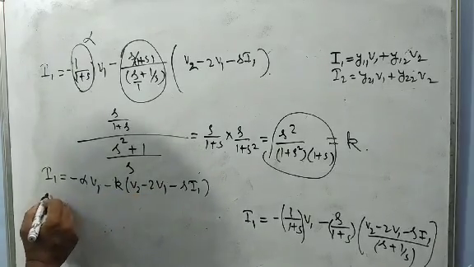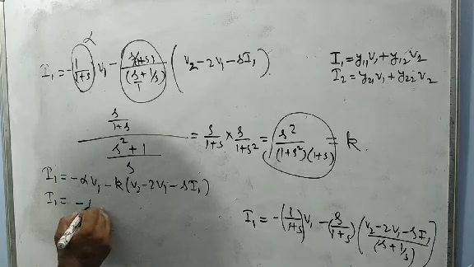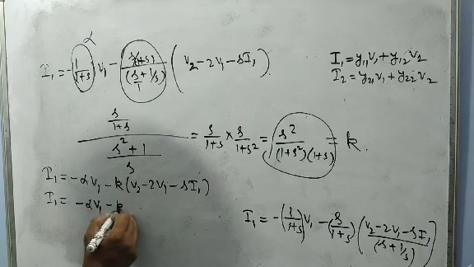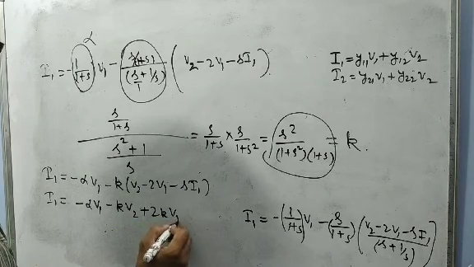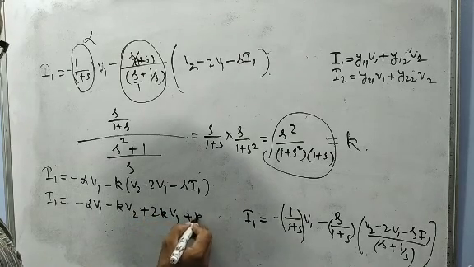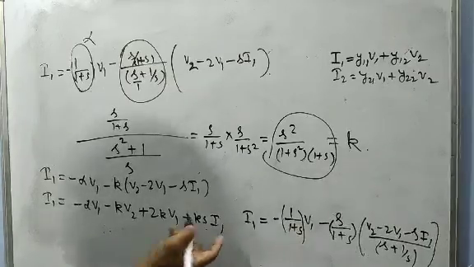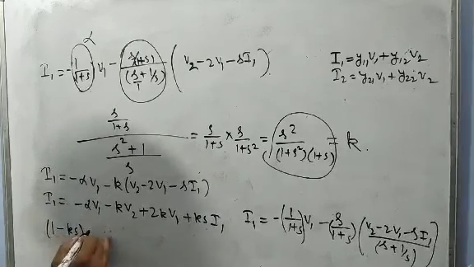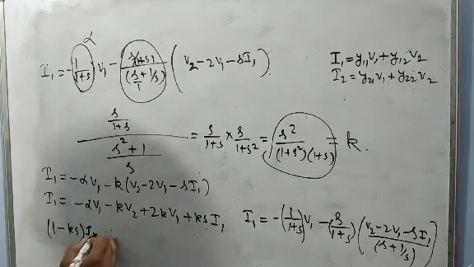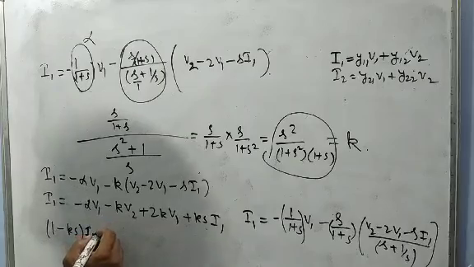So what you will be getting, I1 equals to minus alpha V1 minus k V2 plus 2k V1 plus k s I1. So you can take common here, 1 minus ks into I1.